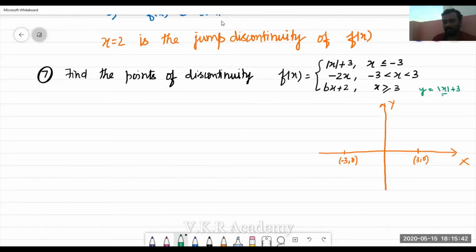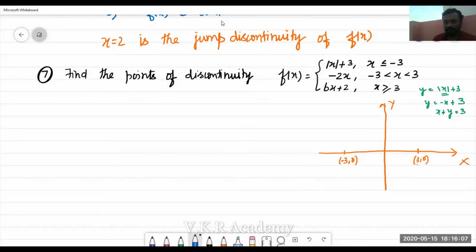But since x is negative, we get y is equal to minus x plus 3, or x plus y is equal to 3. The graph of x plus y will be making x-intercept at 3, 0 and y-intercept at 0, 3.